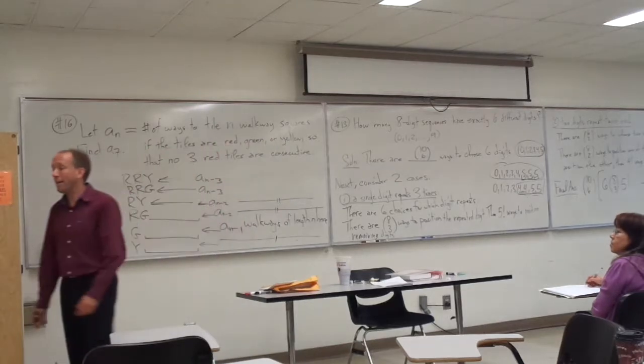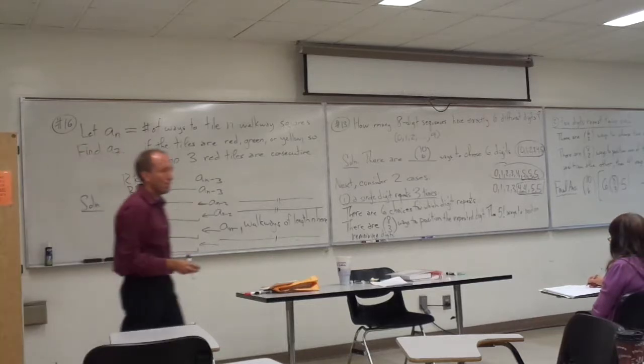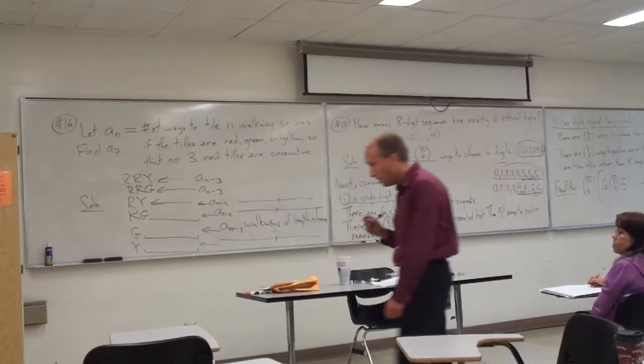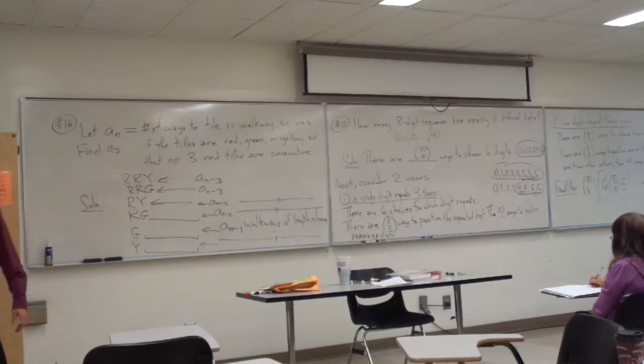Right? And how about for A3? There's 3 choices, 3 choices, and 3 choices, but the red, red, red one has to be subtracted, so it's only 26. And now from here, to find A7, I'm not going to go through it because I want to move on, but basically you just plug into this formula.